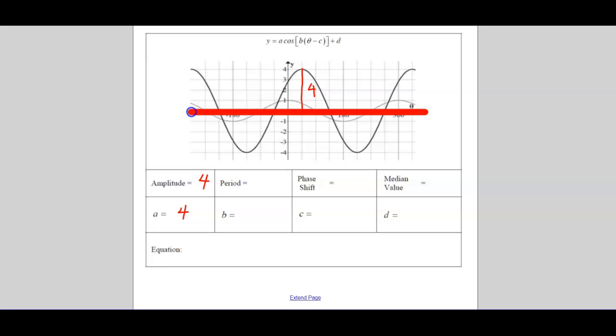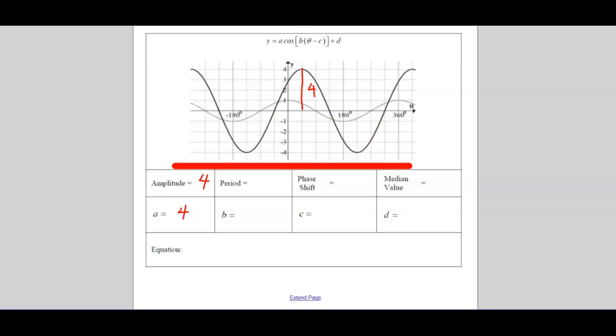Then, take a look. The theta axis is in degrees. So, we want to look for a complete cycle. Let's move the red line down for a sec. You can start at the y-axis if it's a nice value.